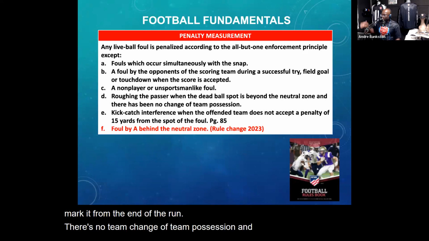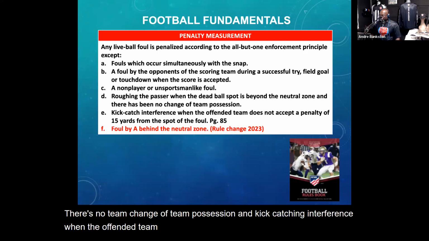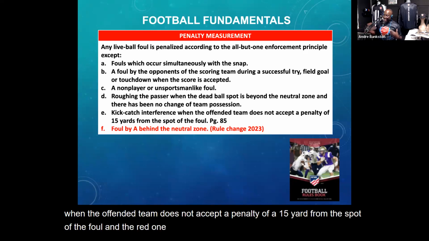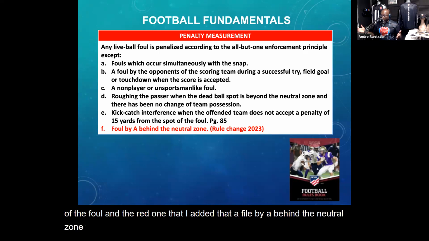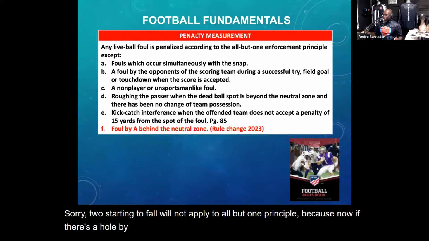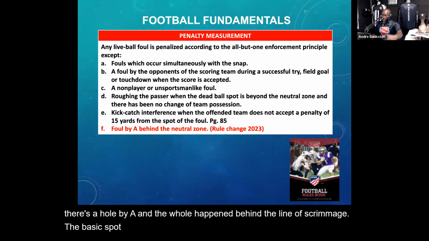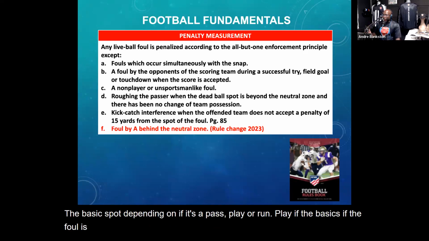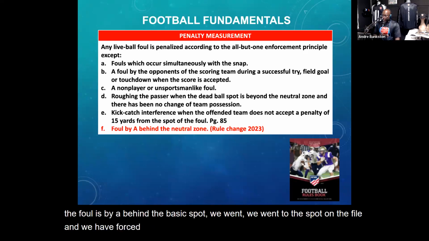And kick catching interference when the offended team does not accept a penalty of 15 yards from the spot of the foul. And the red one, I added that a foul by A behind the neutral zone, starting to fall, will not apply the all but one principle. Because now if there's a hold by A and the hold happened behind the line of scrimmage, the basic spot, depending on if it's a pass play or run play, if the foul was by A behind the basic spot, we went to the spot of the foul and enforced the penalty, right?